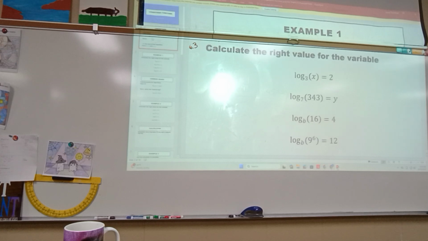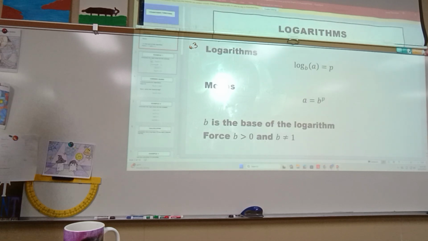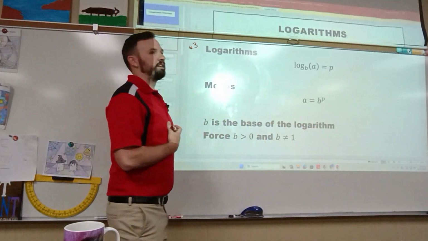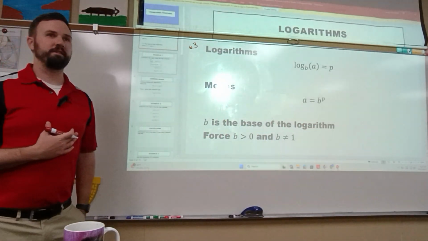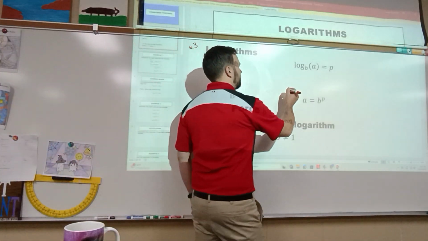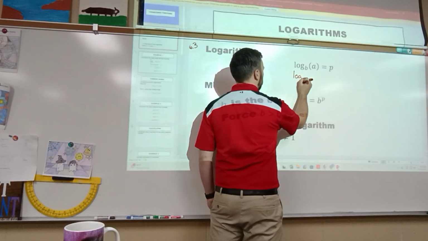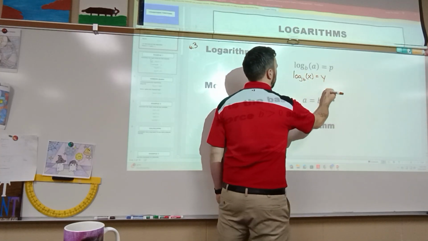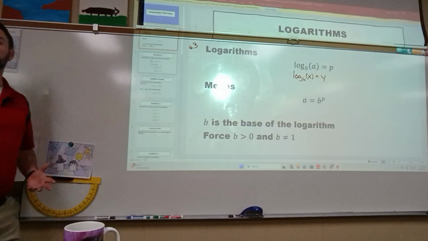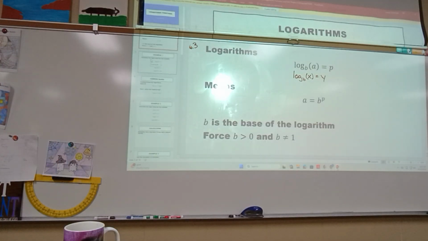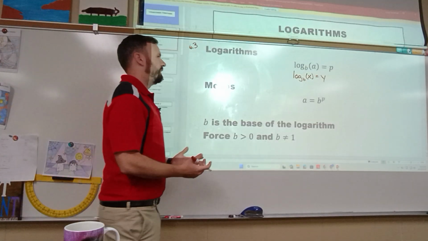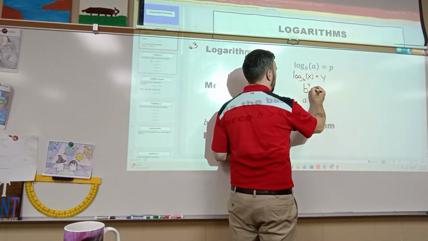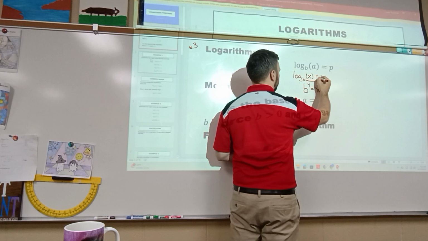So here's the definition of a log. I'm just going to write a definition that's a little bit different from what a lot of textbooks have. I've always seen it as log base b of x equals y, because then it's written in function notation, and that makes more sense to some people. And if that's true, that means b to the y equals x.